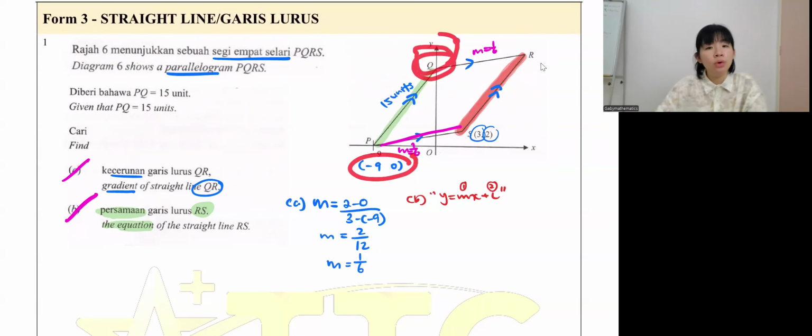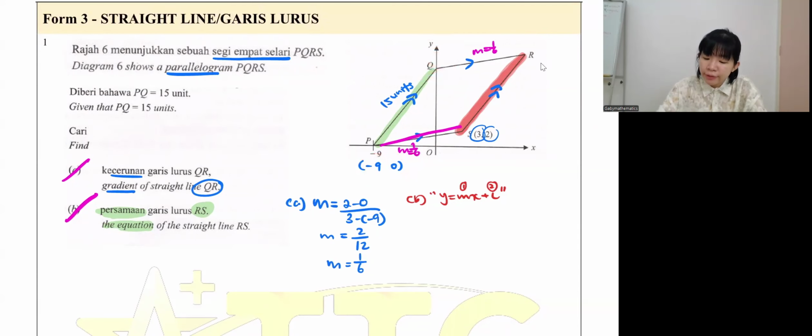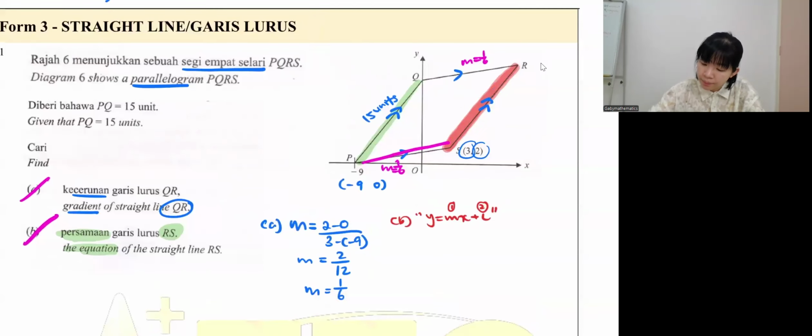Can find Q. So they give us 15 units. So they give us this 15 units, this line. Okay, P to O, how many units? If this is -9, this is 0. So here, 9 units.